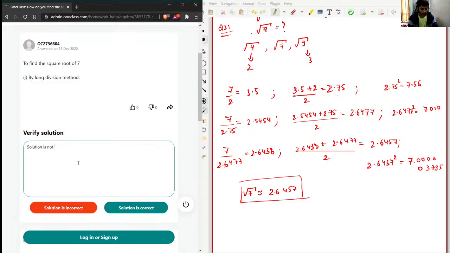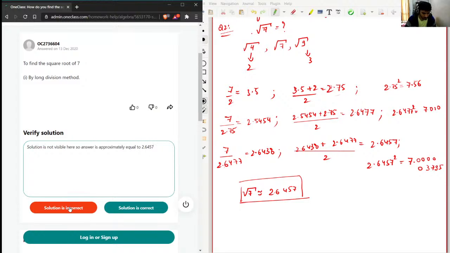Solution is not visible here, so the answer is approximately equal to 2.6457.